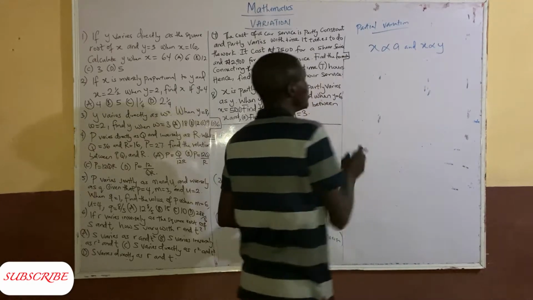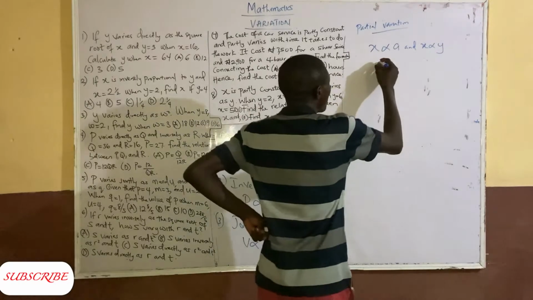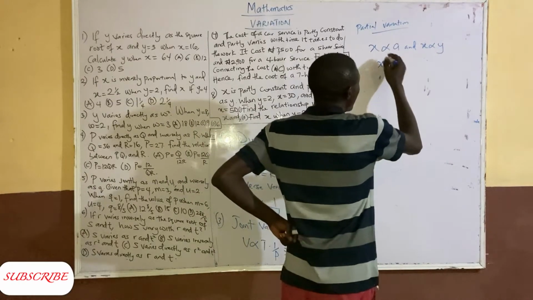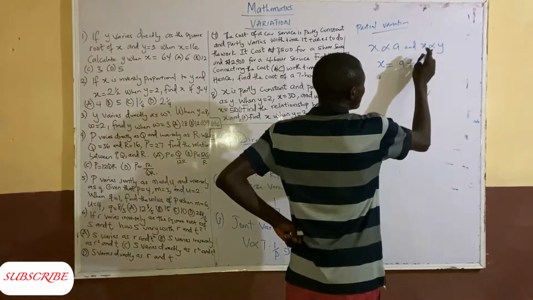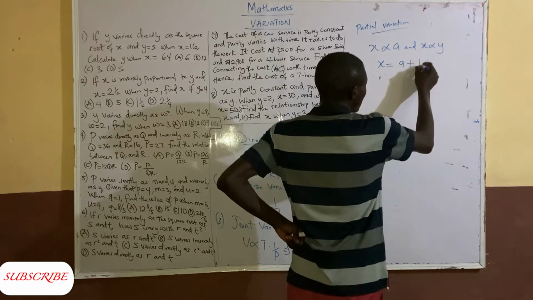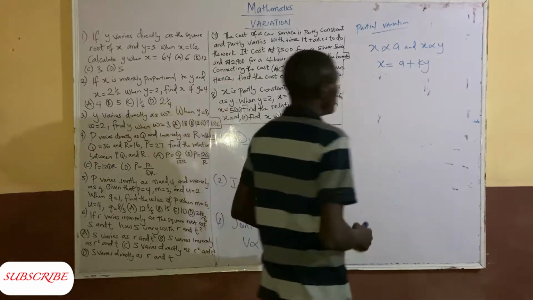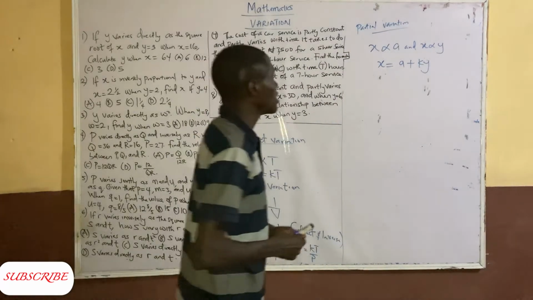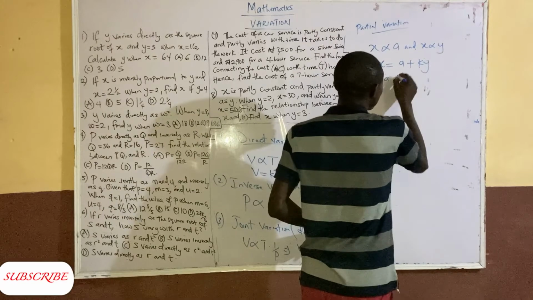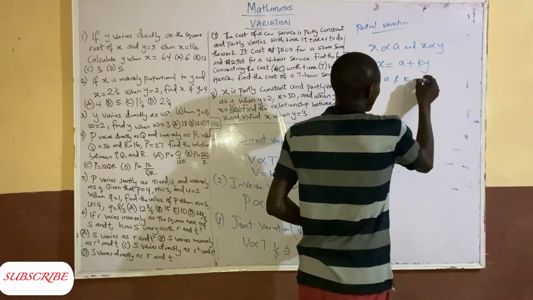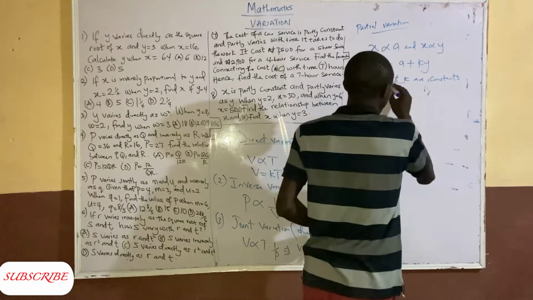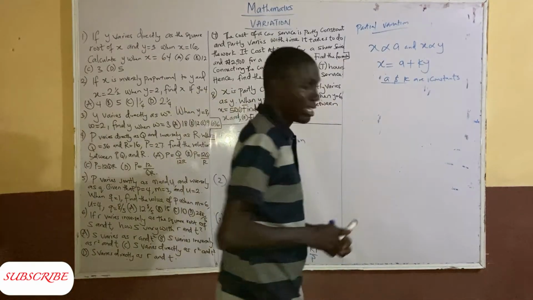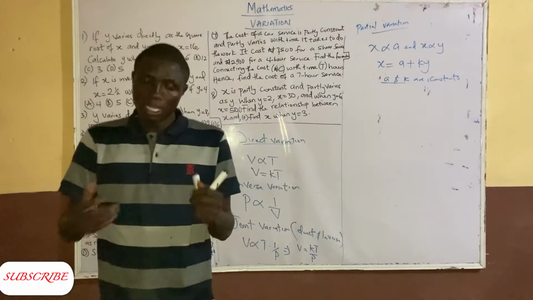So this partial variation is interpreted as s equals a plus, you introduce another constant here, ky. So we have two constants, a and k. Where a and k are constants. These are the two constants that we have in partial variation.